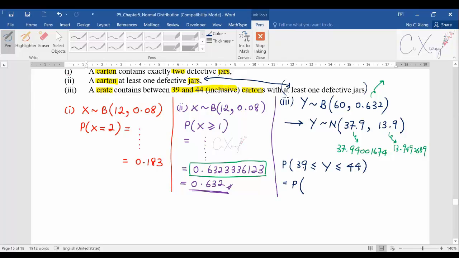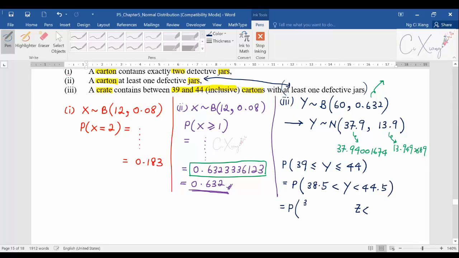Okay, so again, 39 to 44 is included, so the continuity correction should be either minus or plus 0.5. So imagine the graph yourself. If you didn't make a mistake, you should have 38.5 to 44.5.